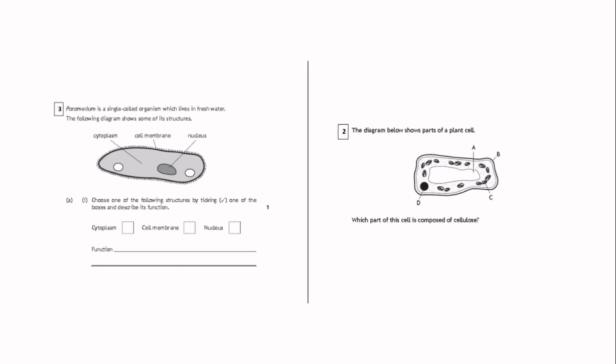It says to choose one of these structures and describe its function. So we can choose the cytoplasm, which is the fluid inside the cell membrane where chemical reactions happen, including fermentation. The cell membrane controls what substances enter and leave the cell, and the nucleus is where all our genetic information is stored.